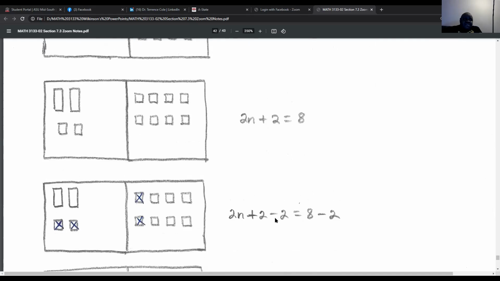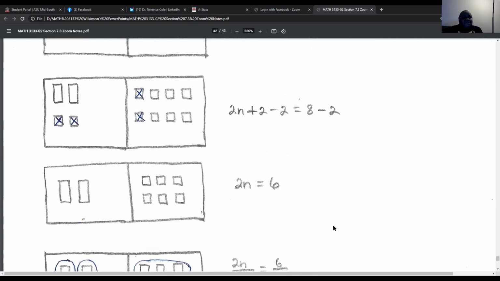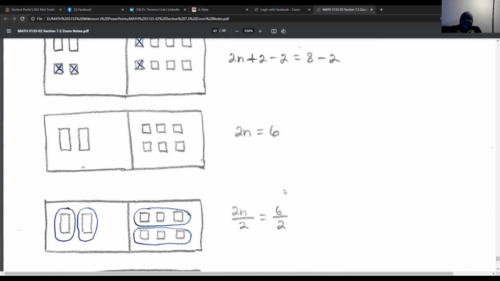Now, get rid of the 2 1 tiles by Xing out 2 1 tiles on each side. That represents 2n plus 2 minus 2 is equal to 8 minus 2. So you'll be left with 2 n tiles for 2n, equaling 6 1 tiles for the number 6. And now we're going to divide those 6 1 tiles into 2 groups.